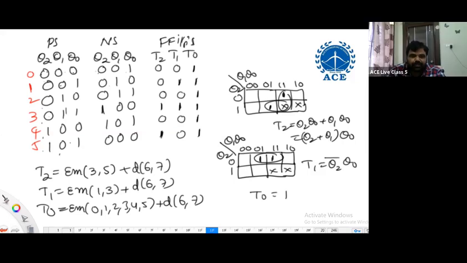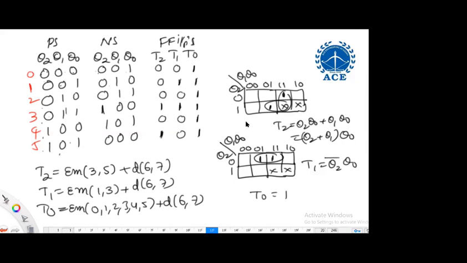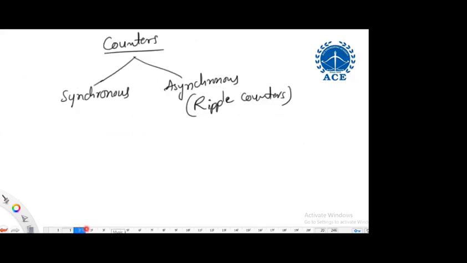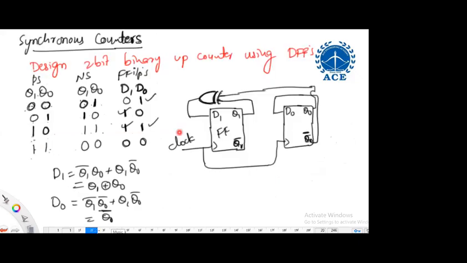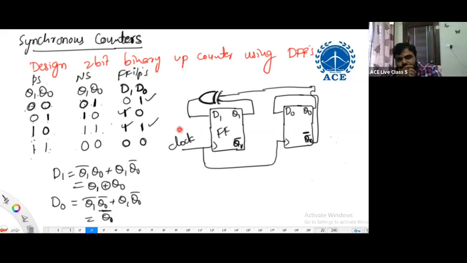Sir, the first slide we used while designing, the previous one, setup time and all. Those are same for both counters and flip flops, sir. Functionally we are designing this.